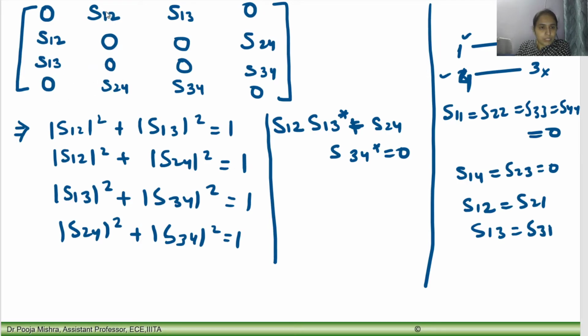We have multiplied second and third, and first and fourth will also give you the zero property: S12 S24 conjugate plus S13 S34 conjugate is equal to 0. So we have obtained these values. Now let's move on to the next slide.